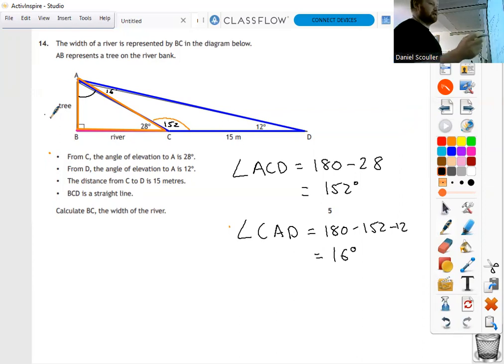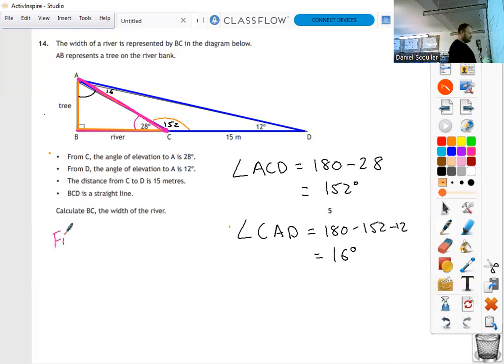Well, if we found the distance AC, we'd then have the hypotenuse of that right angle triangle and one of its angles, and that's enough information to then find a missing side. So we want to find this distance AC first by using our information in our non-right angle triangle, ACD.